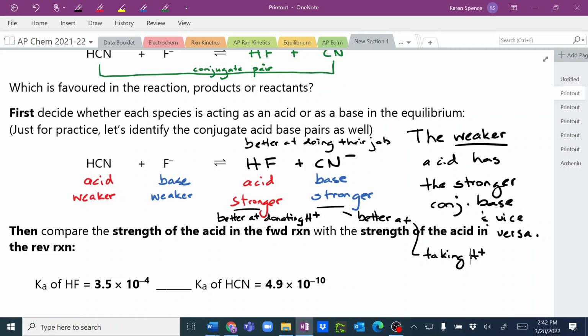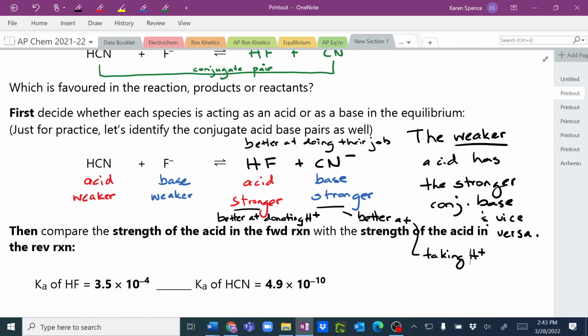So you are the stronger base. He's better at accepting protons than I am, but I don't have my proton. Yes, okay, there you go. But because you are weak, and I am weak, I do get it some of the time, but immediately, oh, yes?